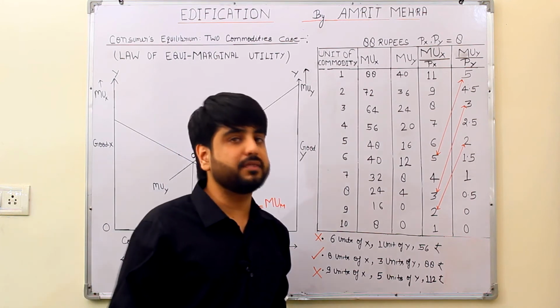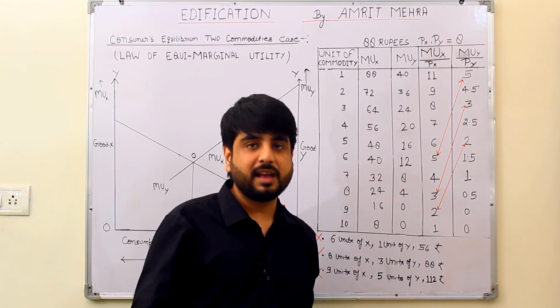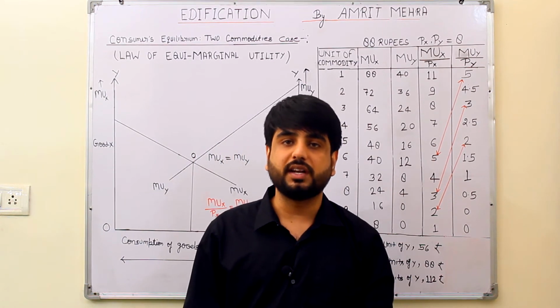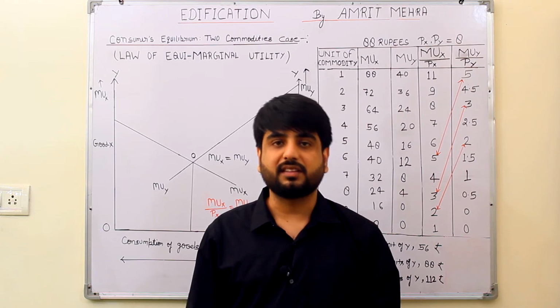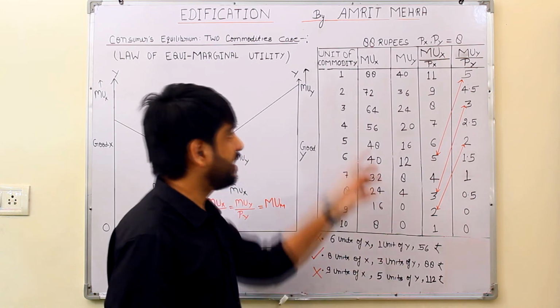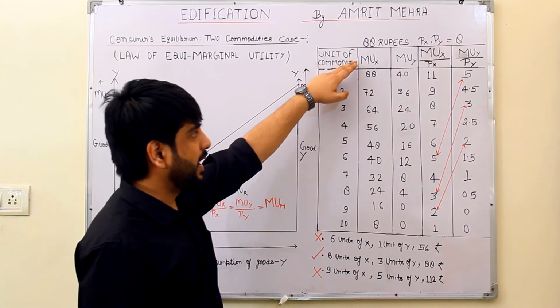Again, there is no specific formula to write the utils because, as I mentioned in the beginning of this video, utility is subjective and utility is relative. Thus, utils cannot be fixed. So there is no formula and we are writing the values to make a suitable example.